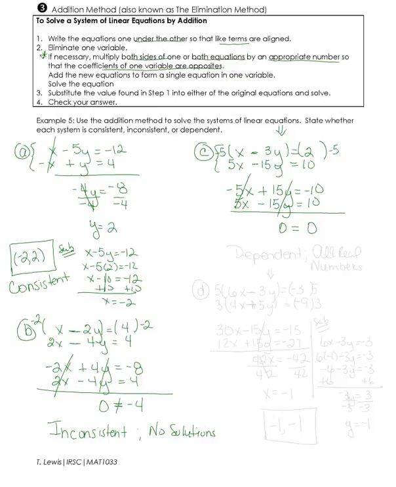Excuse me, not parallel lines. We will have lines that are identical. They're the same line, one line on top of the other. So we will have what's called a dependent system, and it has all real numbers, infinitely many solutions.